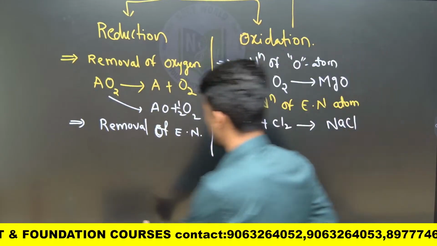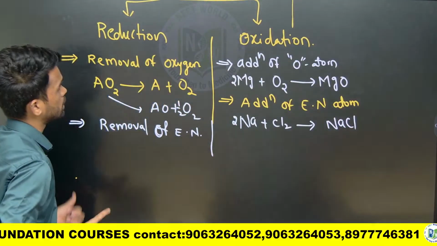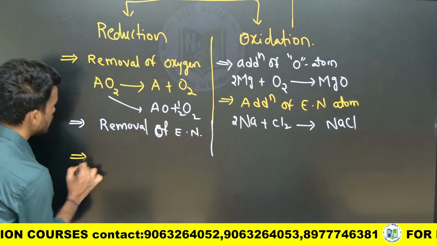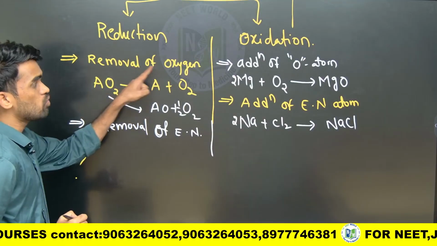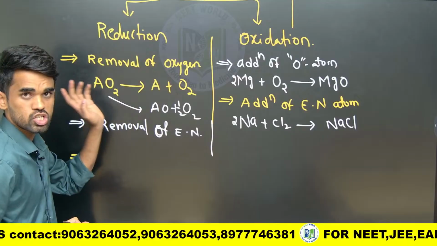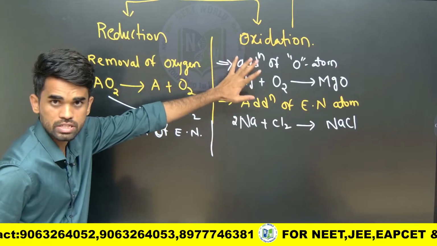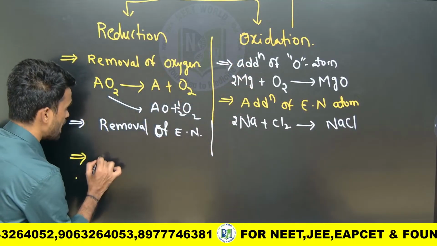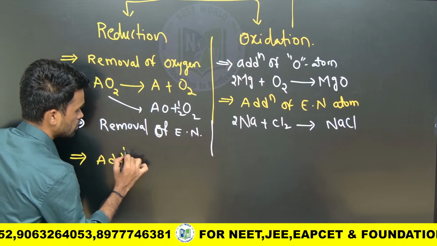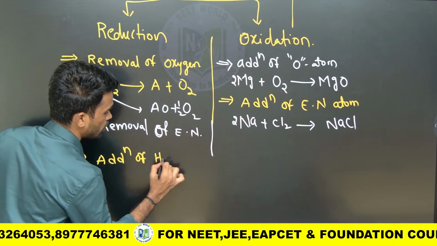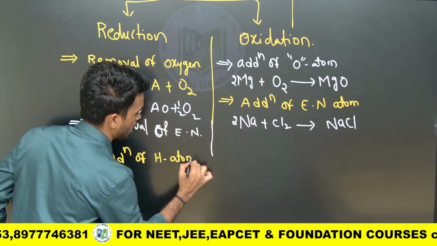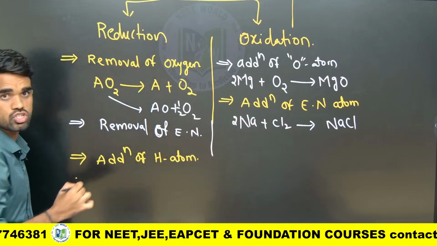Now let us talk in terms of the hydrogen atom. Here removal of oxygen is called reduction, addition of oxygen is called oxidation, I told you. So now addition of hydrogen atom is what process? It is a reduction process.